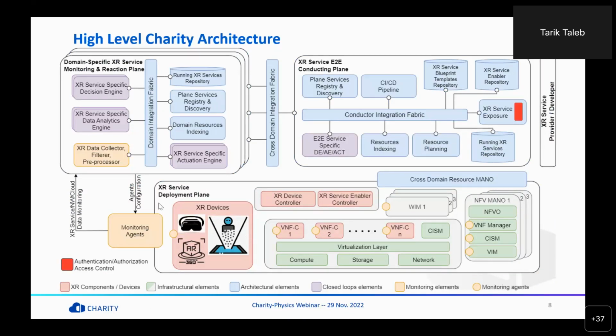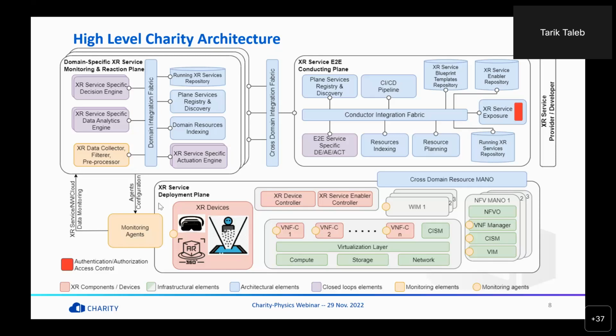Here I would mention ETSI NFV standards and also ETSI ZSM standards. So we try to leverage different standards as well as different research work, and the outcome of that study is what you see here.